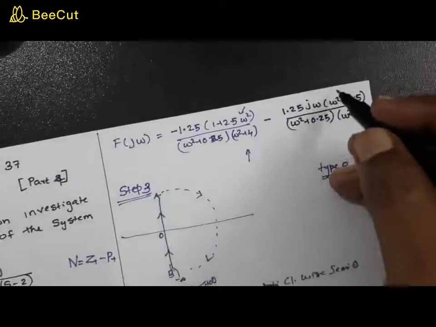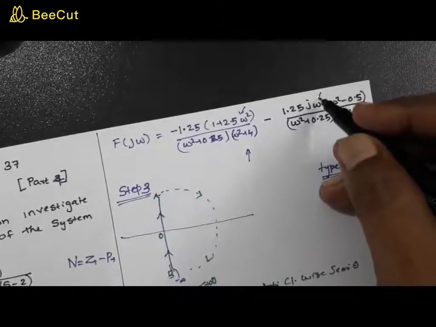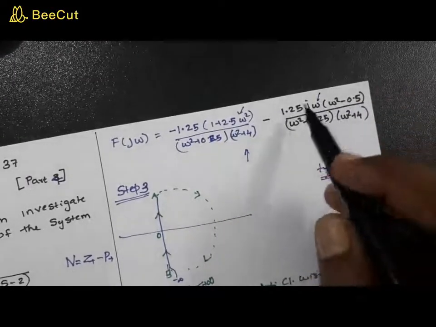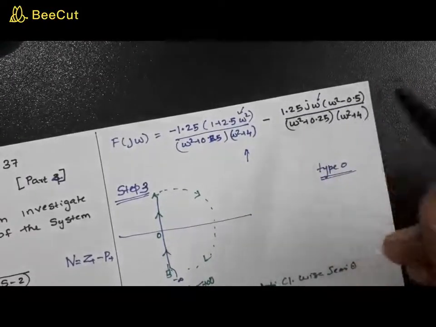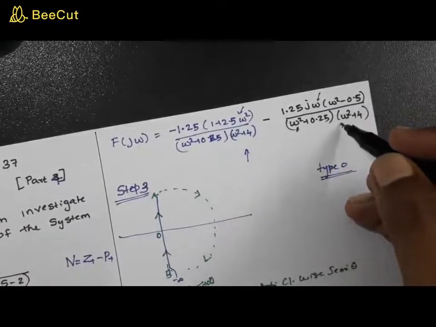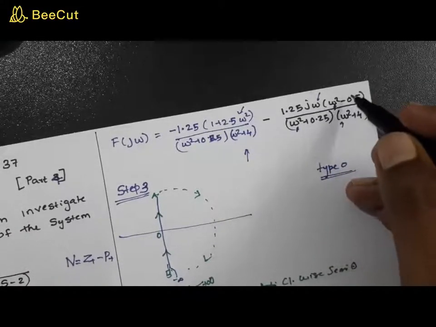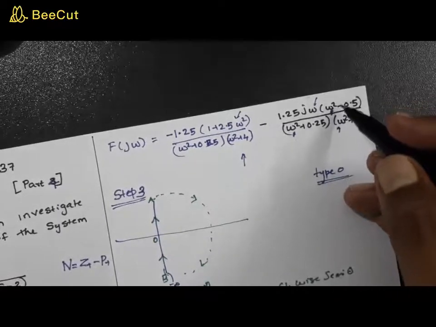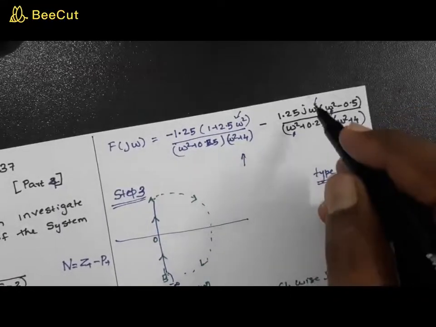Then when you put ω equal to 0, this becomes 0, and everywhere you need to put 0. Now, when you put this 0, normally we may have a tendency to ignore this negative sign. 0 minus a number is a negative number.